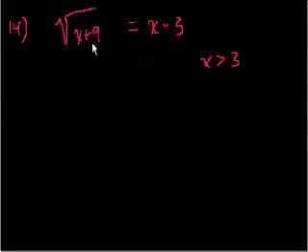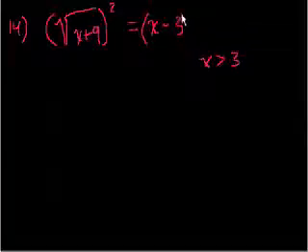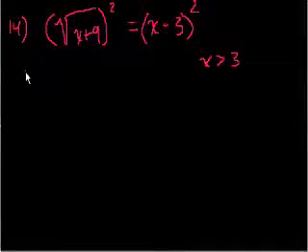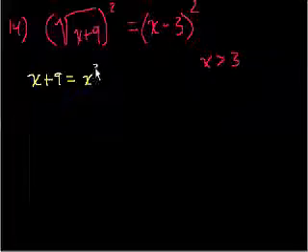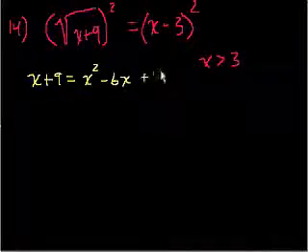So let's square both sides of this equation, just to get rid of the square root sign. So the left-hand side becomes x plus 9. And then we just have to multiply that out. So that becomes x squared, x times x, and then minus 6x plus 9, right?